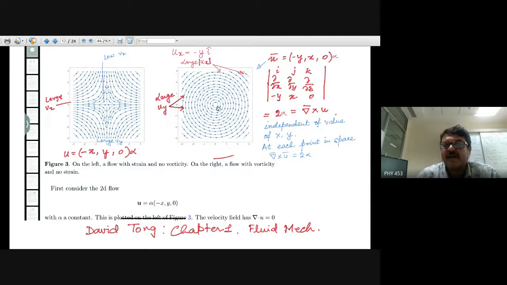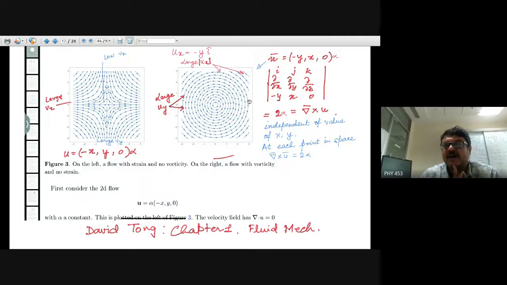So basically what you have is, as you go along the x direction, the y component of u, this is uy actually, increases as you go in the x direction.